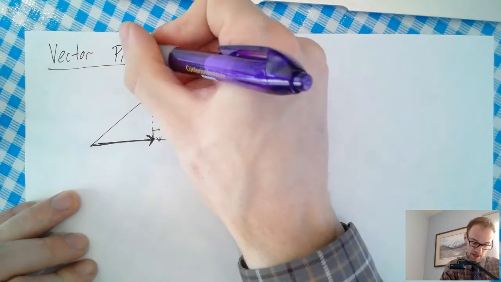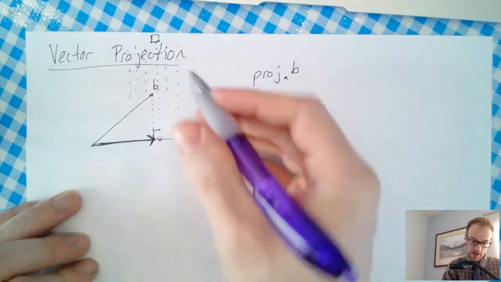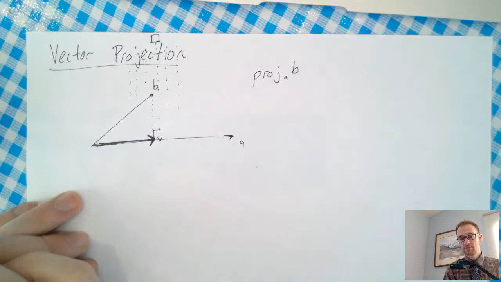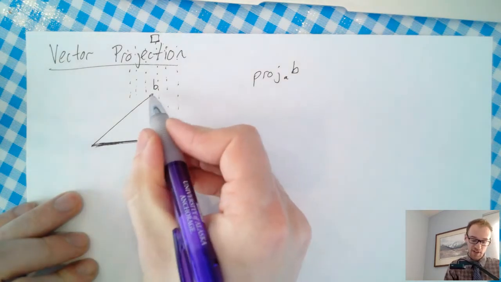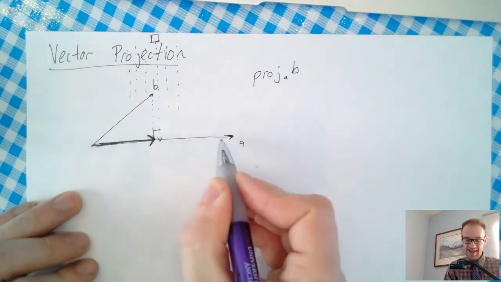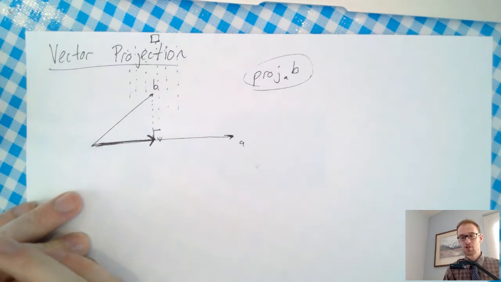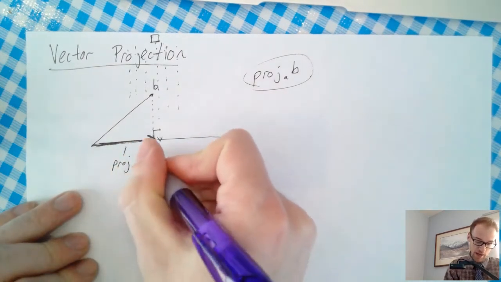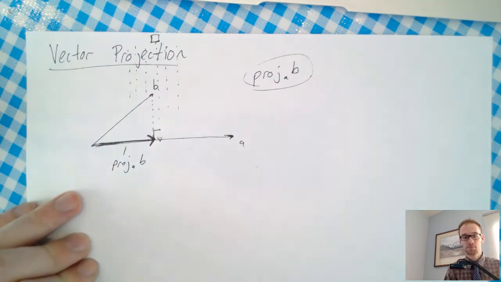If you shined a light at 90 degrees to the wall A, you'd end up with this shadow that lines up with A. The shadow that vector B makes on A, that's this vector, the projection of B onto A, proj A of B. That's what that vector is.